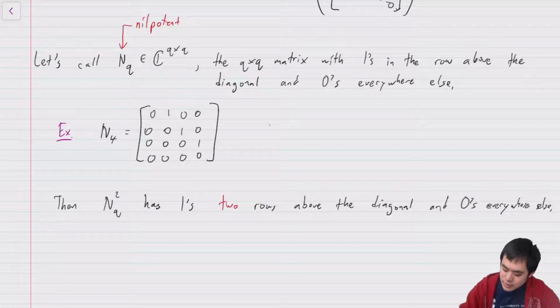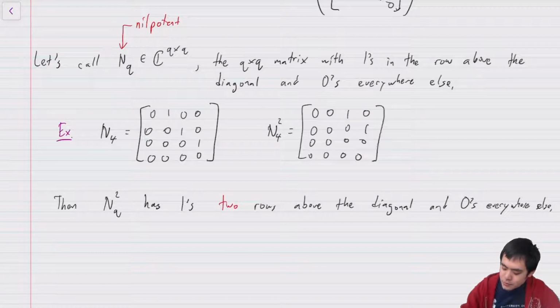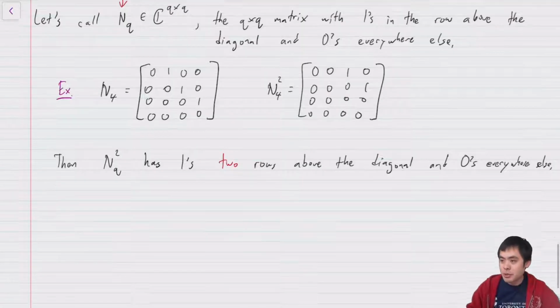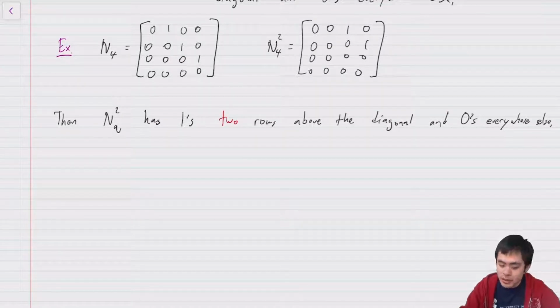You can see this in the N equals 4 example. If you square it, you get the matrix with ones two rows above the diagonal and zeros elsewhere.